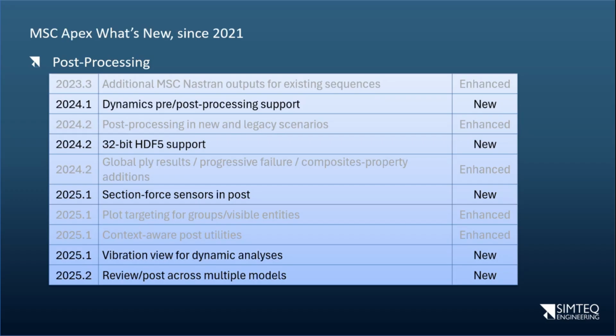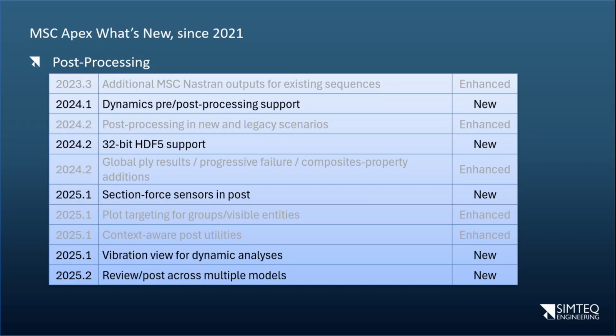Then added support for 32-bit HCF5 files, global ply results, and progressive failure and composite property additions for post-processing composite materials. Then the section force sensors that are now available in post. Previously, you had to create or set them up in the preprocessor and then switch back to the post-processor.